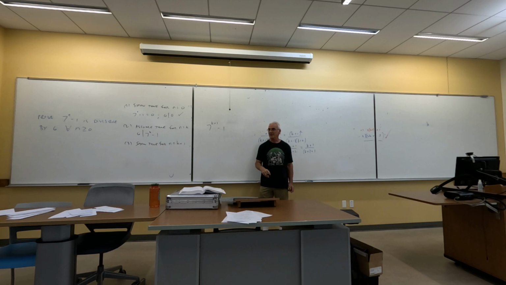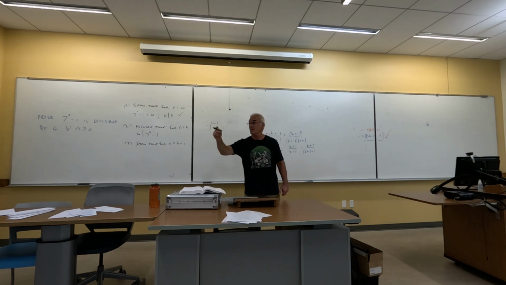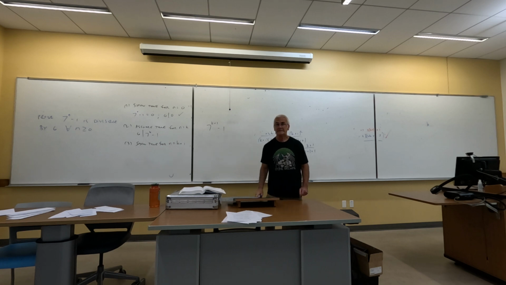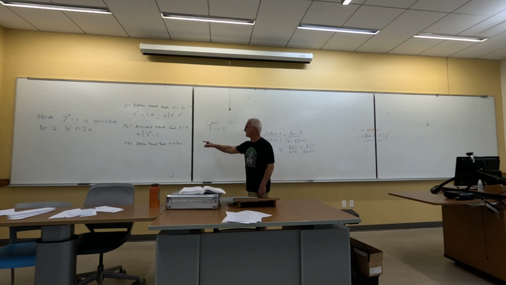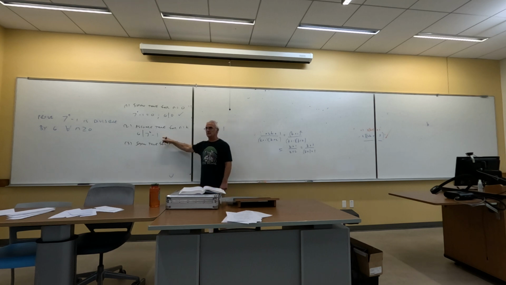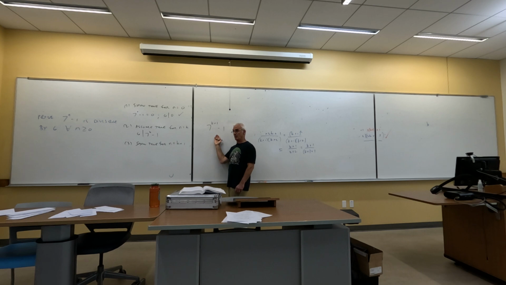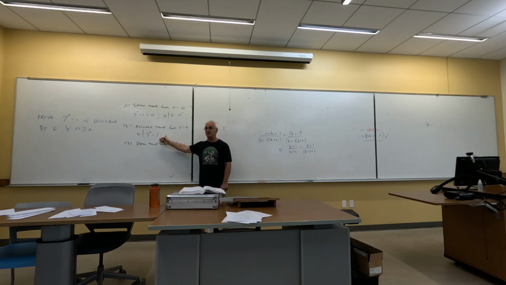And I need it to equal something. But it's not like the last case where I'm just going to add the next term. I'm just going to multiply the next term. Ew. 7 times. Let's go back to this step. I have to manipulate this at some point. And I'm assuming that 6 divides this.